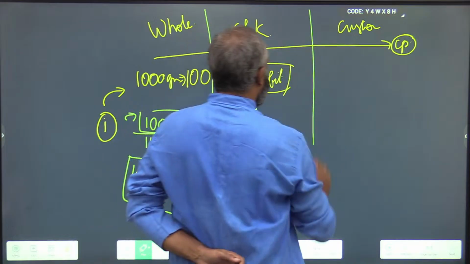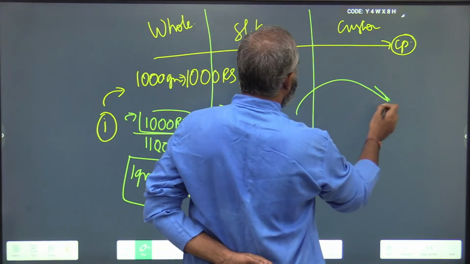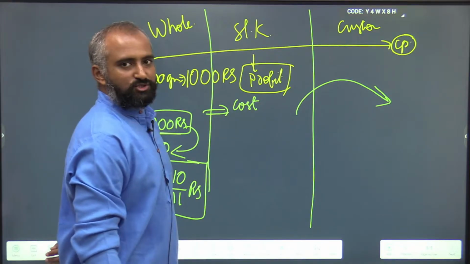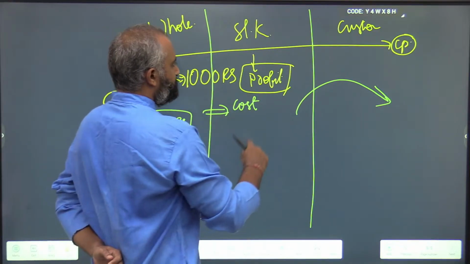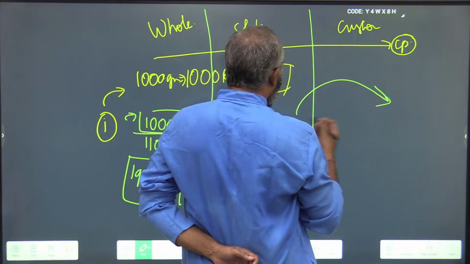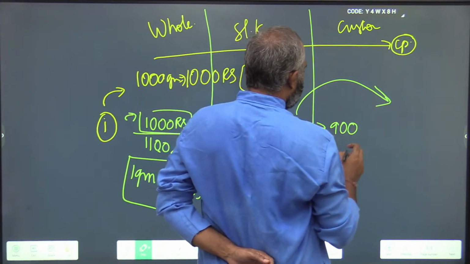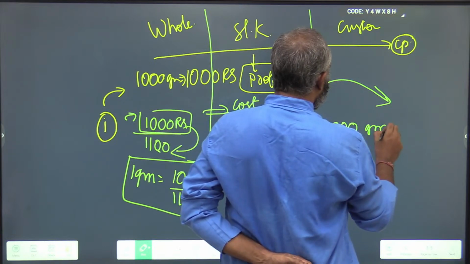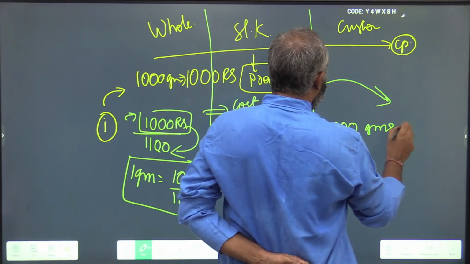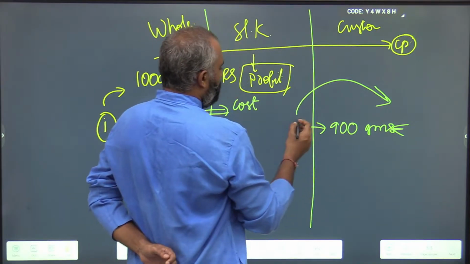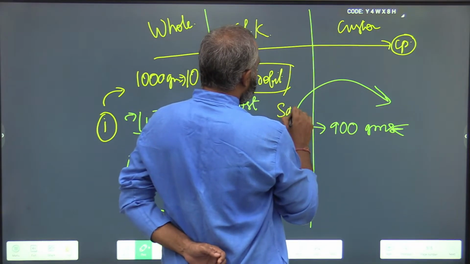Now, he is selling to the customer. How much is he selling? He is selling 900 grams. But what is his sale price?